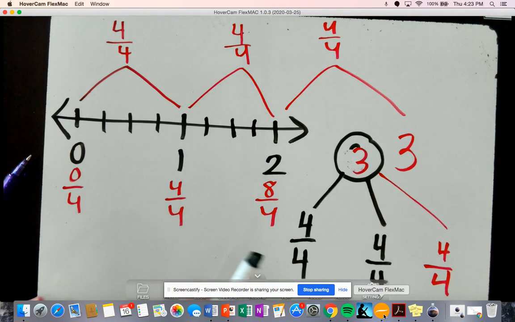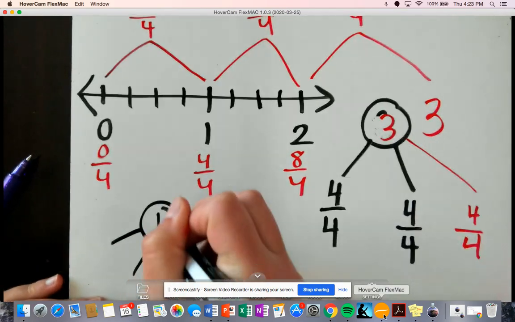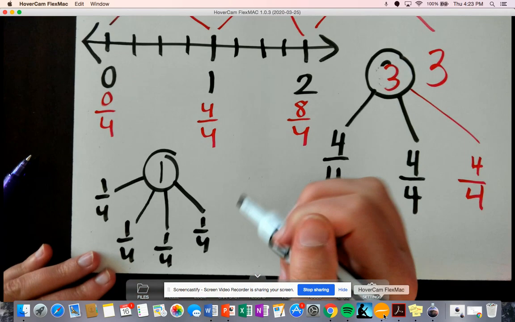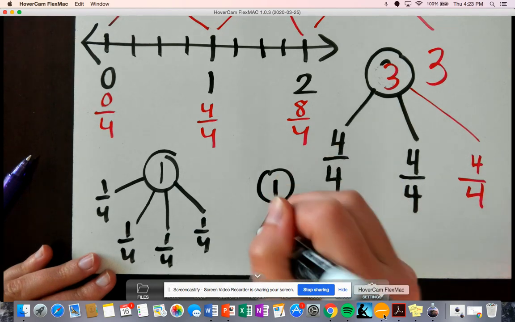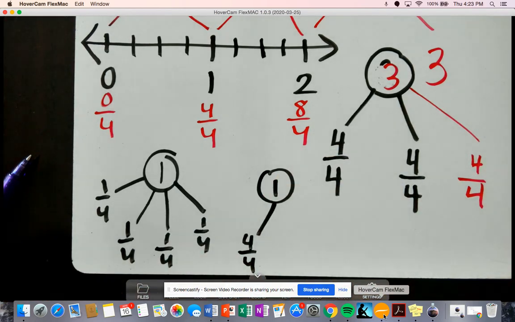Now, if I only had 1 whole, I could represent it with 1/4 all around, or I could represent it as 4/4, which is what we're going to be doing today. So let's look at our problem set where we're going to practice.